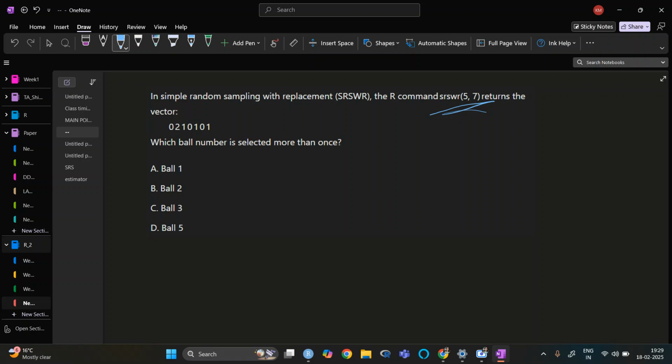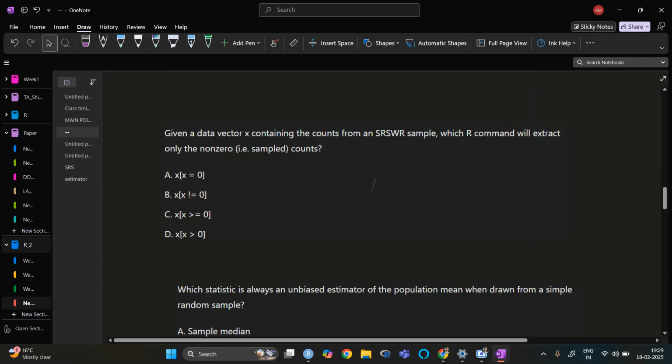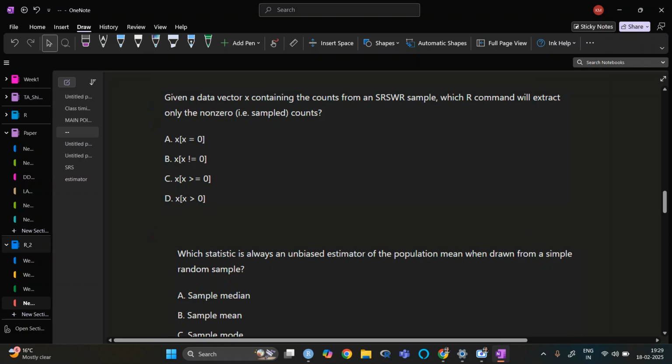Ball 2. Basically, this one is first, this one is second, third, fourth, fifth, sixth, seventh. So in the second place it is selected. So ball 2 is selected more than once.